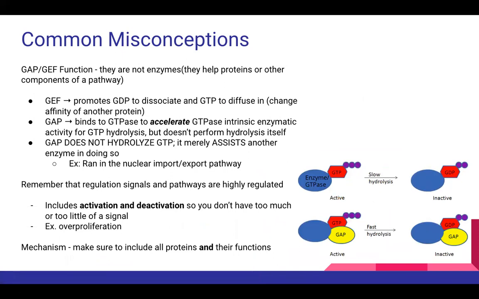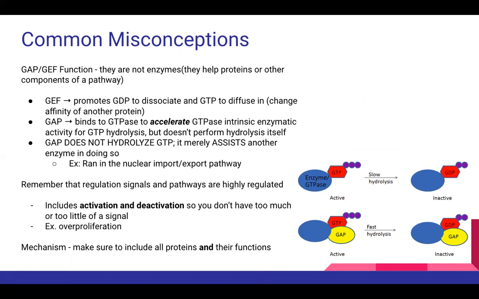All right, well, again, just common misconceptions. I touched on this a little bit already, but the GAP-GEF functions, they're not enzymes, they help proteins or other components of the pathway. So like I said, the GEF will promote or help along the GDP to dissociate for GTP to diffuse in.